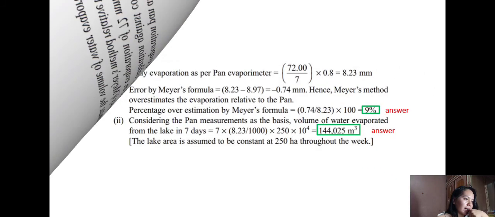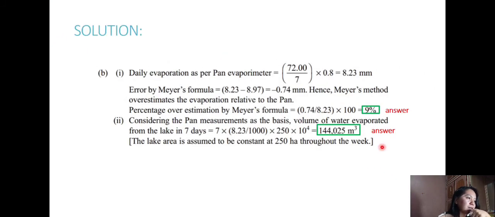We subtract to get the error in Meyer's formula. Hence, Meyer's method overestimates the evaporation relative to the pan. The error is negative 0.74. So the percentage overestimation by Meyer's formula is equal to 0.74, the error by Meyer's formula, divided by the daily evaporation, 8.23, multiplied by 100, which gives about 9%.